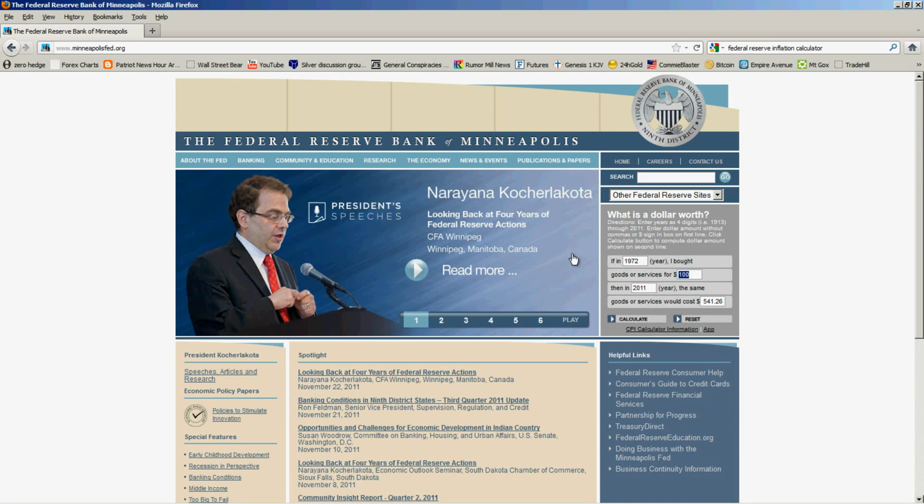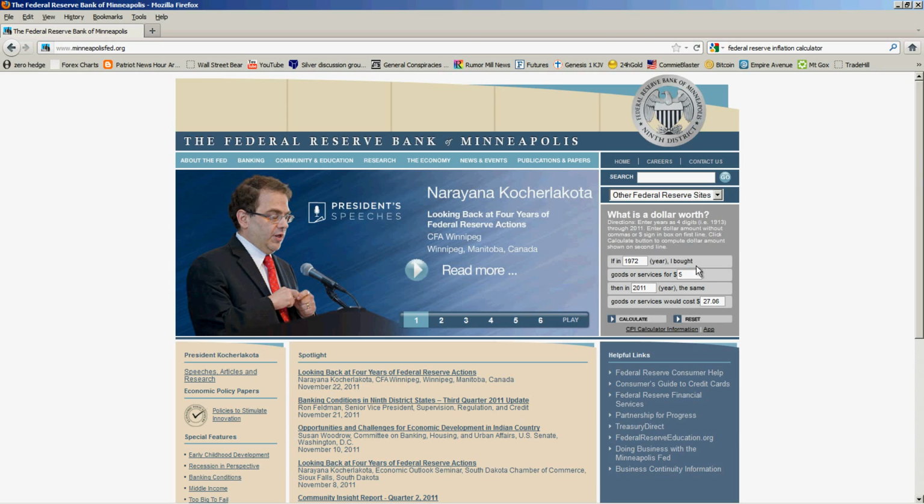So we put in silver was $5 back in '72, and that means it should be $27 today. So based on their stats, just on the rate of inflation, silver is roughly priced correctly as it was in 1972.